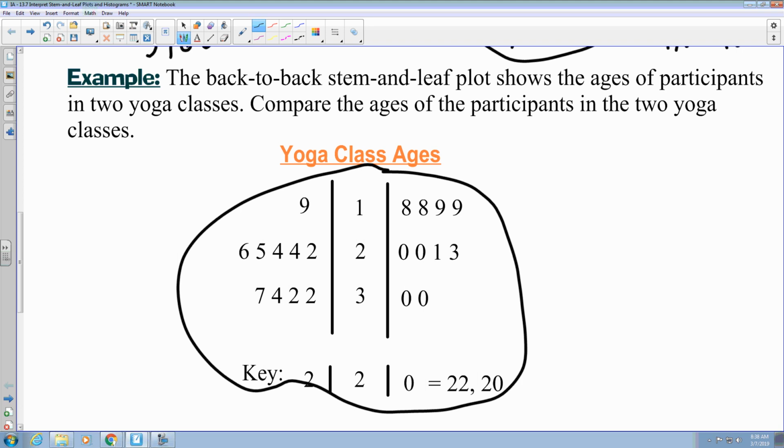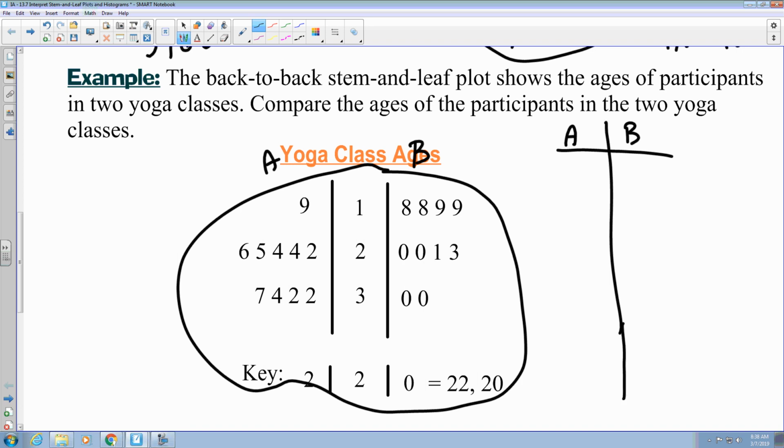normally what you would probably do is figure out what the values are. So we'll call this yoga class A, we'll call this yoga class B. So I'll go over here and I go A and I go B, and I'm just going to list the ages.